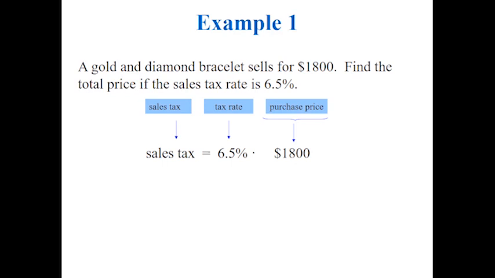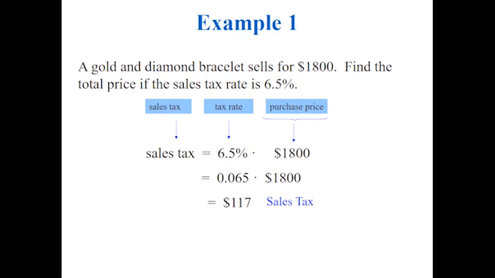6.5%, decimal goes 2 places to the left. Decimal form of that is 0.065. 0.065 times 1,800, the calculator tells us, is $117. So not only are we buying this $1,800 bracelet, we have to pay $117 in tax.